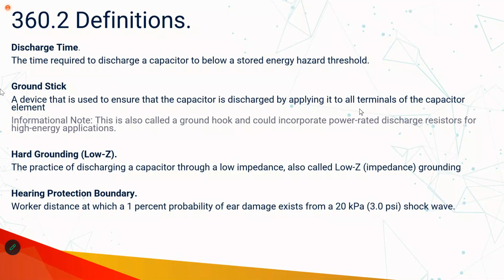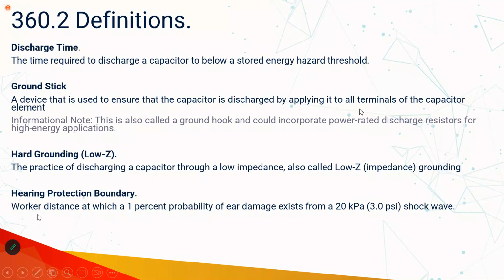Either we can use the ground stick method, in which we ground and short all the terminals and discharge the capacitor and capacitor banks, or we use hard grounding, the practice of discharging a capacitor through a low impedance, also called low Z grounding. If the charge stored by the capacitor is high, then we go with low impedance grounding so that the maximum amount of charge is dissipated quickly.